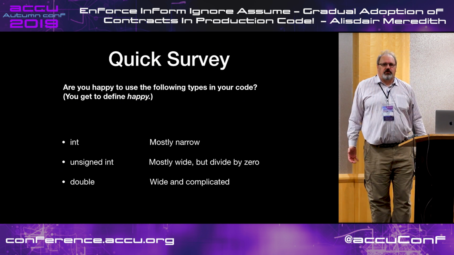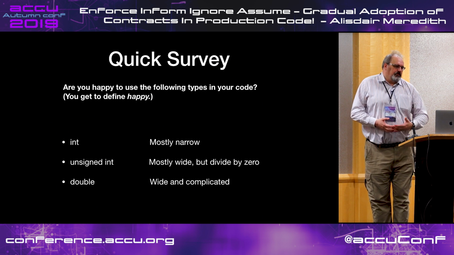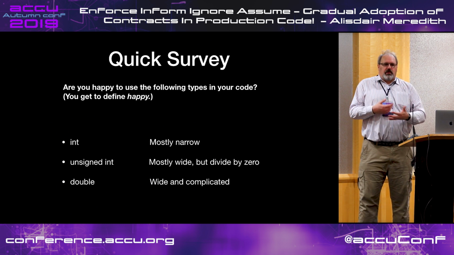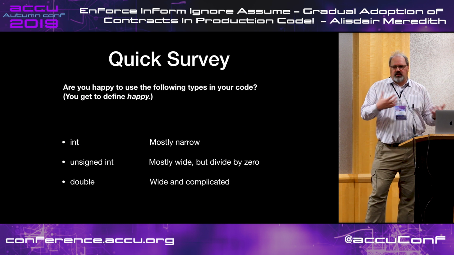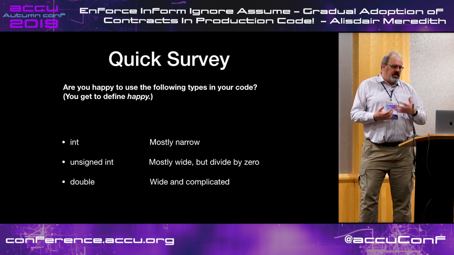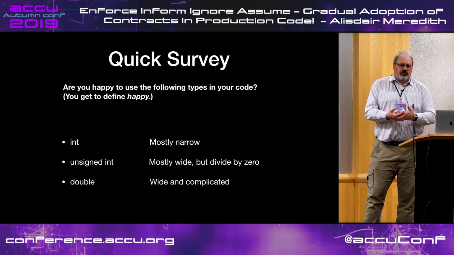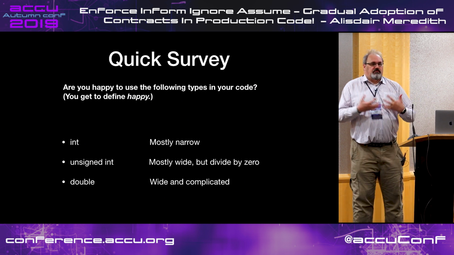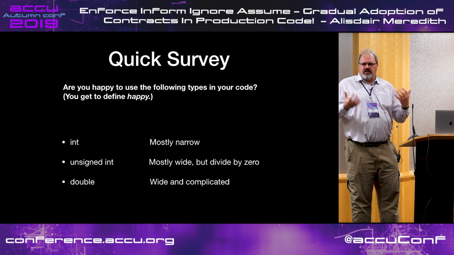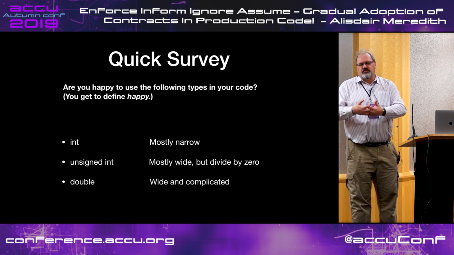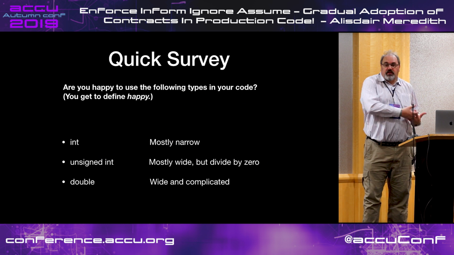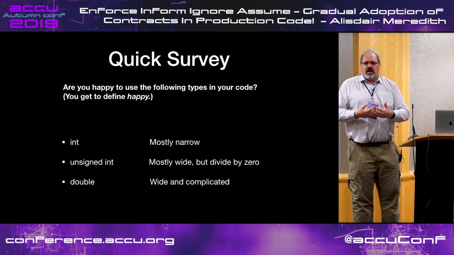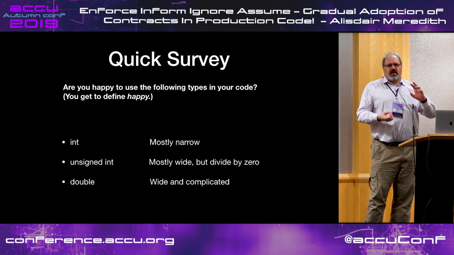What I was trying to get to is that getting people comfortable with how familiar their types are in turn has very different narrow to wide behavior. The contracts on int are mostly narrow. In previous audiences, folks have said they're very concerned about narrow contracts placing too much burden on the user. But it turns out the type people are most comfortable with is int, where integer overflow is undefined behavior.